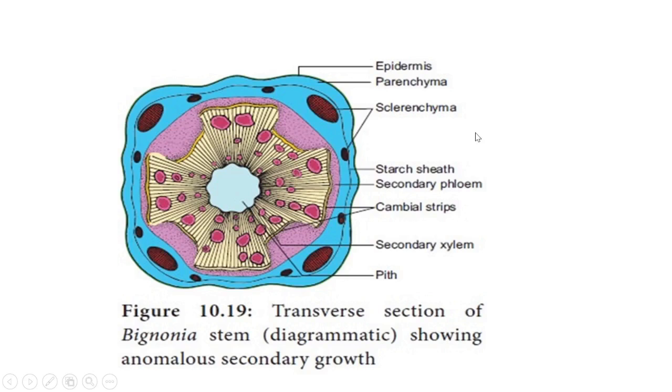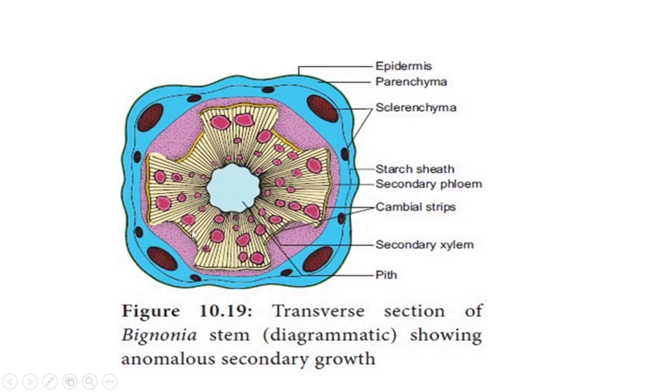Now in the second diagram, in detail: this is the epidermis. It is unilayer. Shape of the outline of the section is quadrangular. This is the central pith. Now this pink color is nothing but the secondary phloem patches, and here are 4 patches of secondary xylem. That's why cambium is irregular here. It shows abnormal activity.